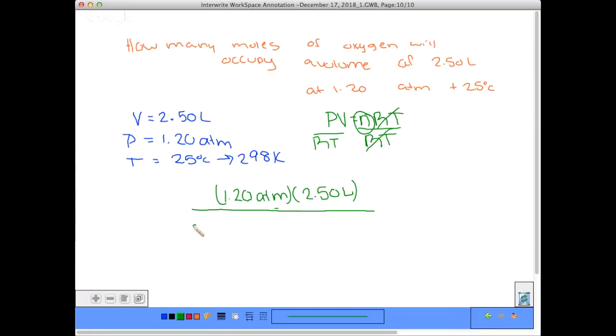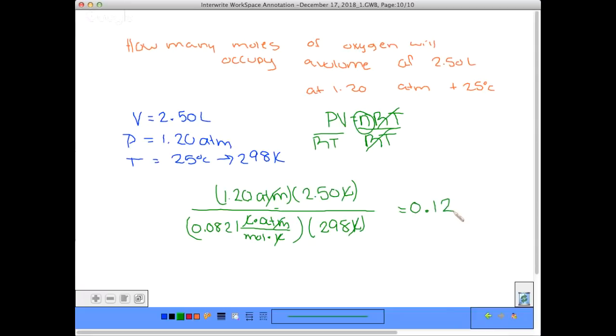R, this is our constant, 0.0821 liters times atmospheres divided by moles times Kelvin. And then 298 Kelvin. Notice that my Kelvins cancel out, atmospheres cancel out, liters cancel out, and so what I'm left with is my moles.